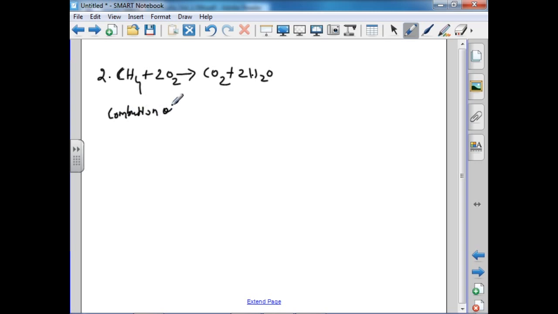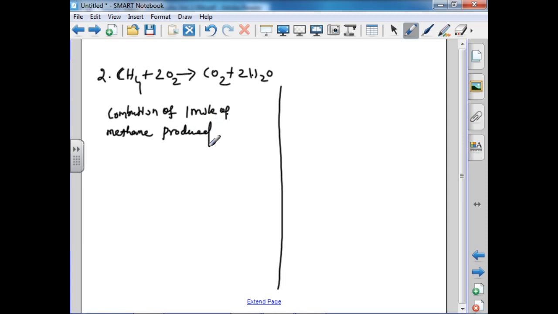Combustion of 1 mole of methane produces 2 mole of H2O.